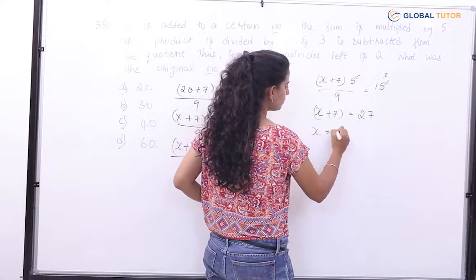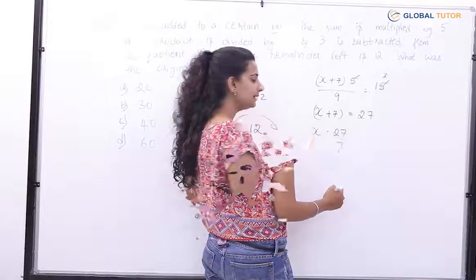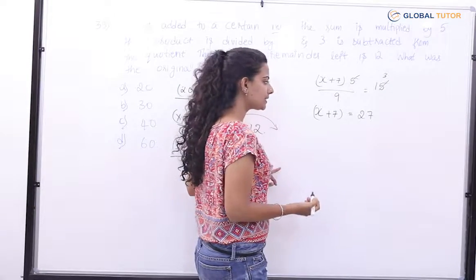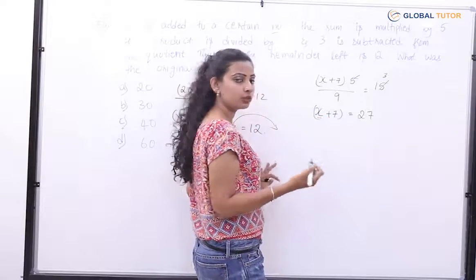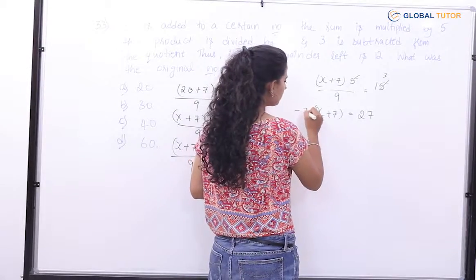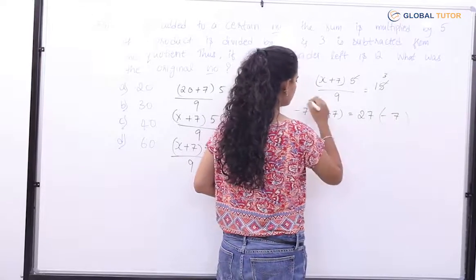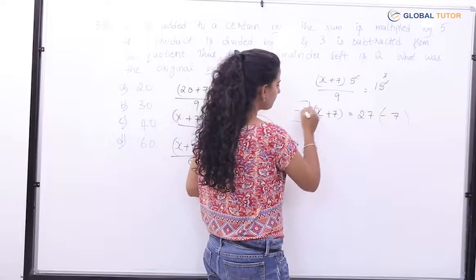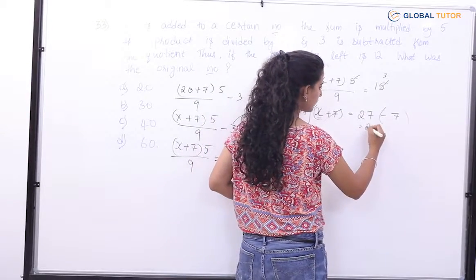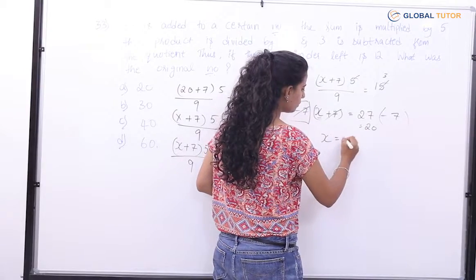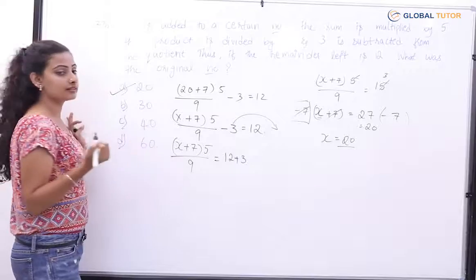What do we need? We need only the value of x. So you subtract 7 on both the sides, right? Now minus 7 plus 7 gets cancelled. 27 minus 7 is 20. So x is equal to 20. So here option A is the right answer.